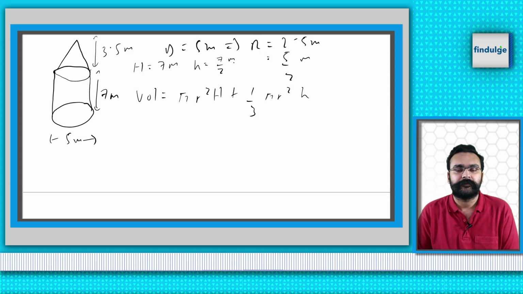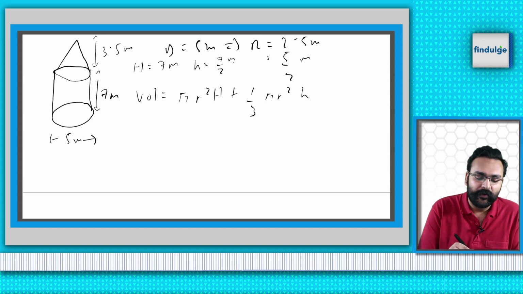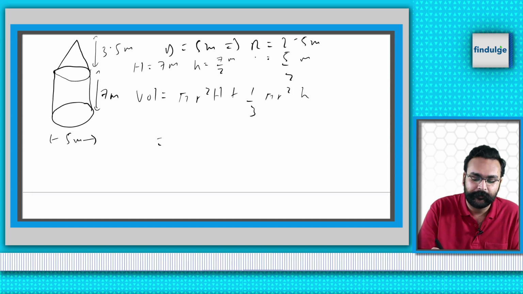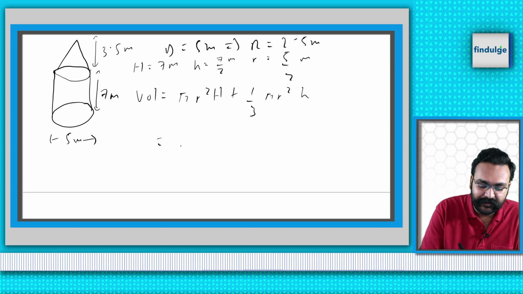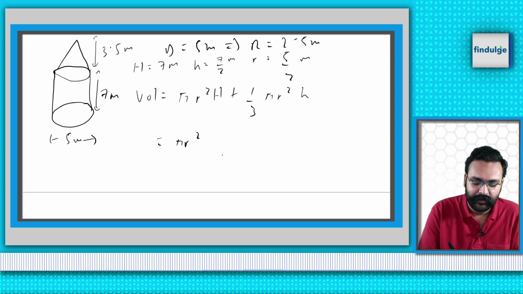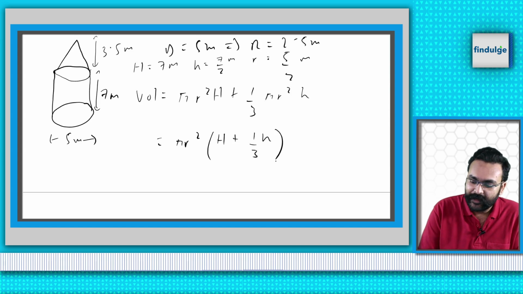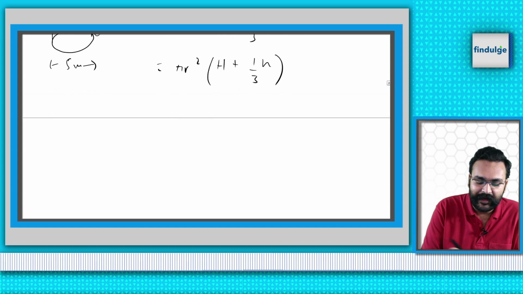7 by 2 meters. So now I can see that because radius is still the same, it's nothing but 5 by 2 meters, then I can still take pi r square common and I'll be left with h plus 1 by 3 into the h of the cone. Now we substitute our values.